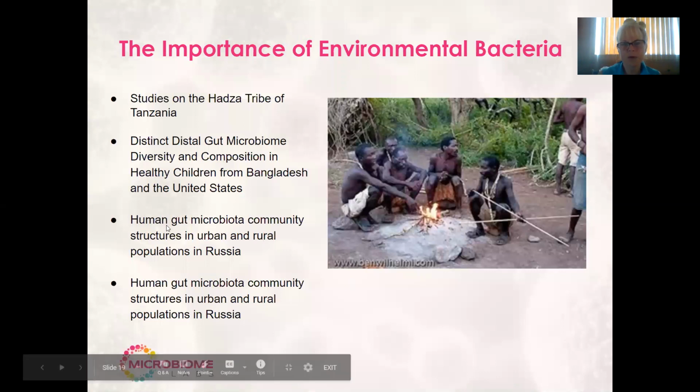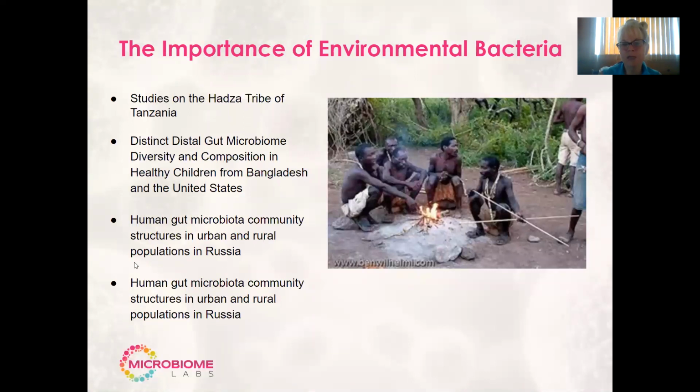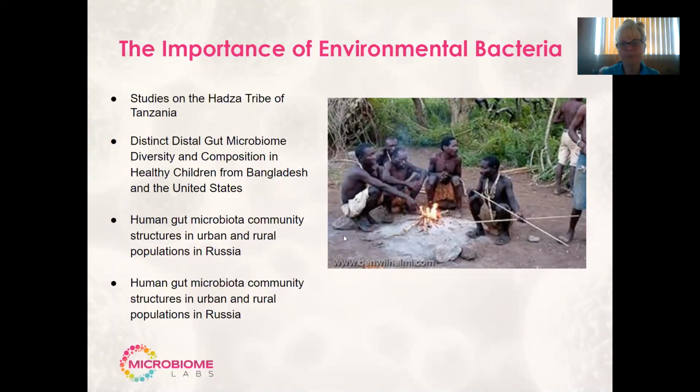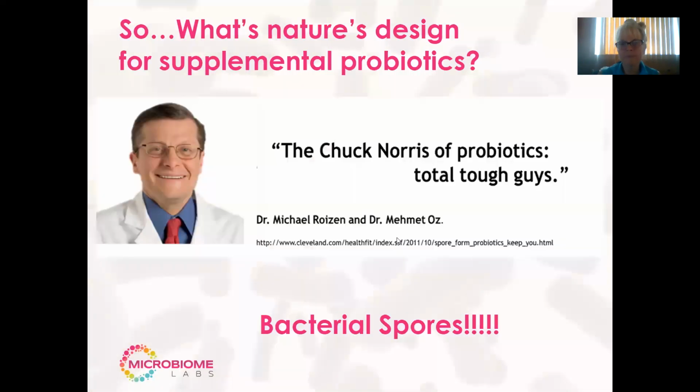Here's one. We know the human gut microbiota community structures in urban and rural populations in Russia, and the human gut microbiota community structures in urban and rural populations in Bangladesh. So we know what a strong microbiome should look like. And this is a quote here: what is nature's design for supplemental probiotics?